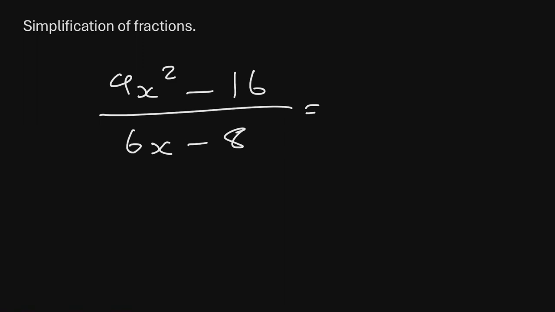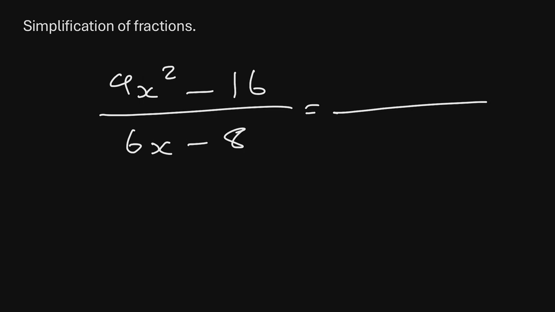If we look at what we have at the top, we don't have a common factor. But what we have is a difference of 2 squares, and you need to know how to factorize a difference of 2 squares. At the bottom here, we have a common factor, so we can take out a common factor. But let us start first by simplifying what is at the top.